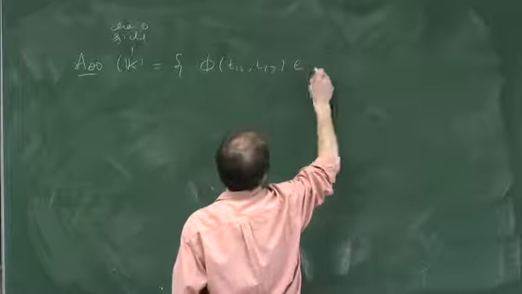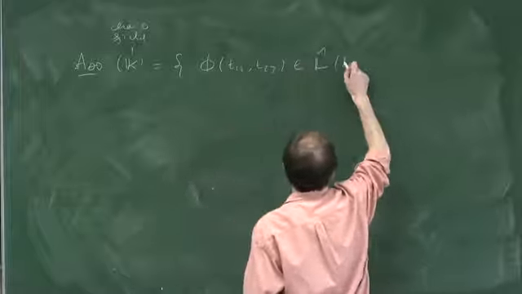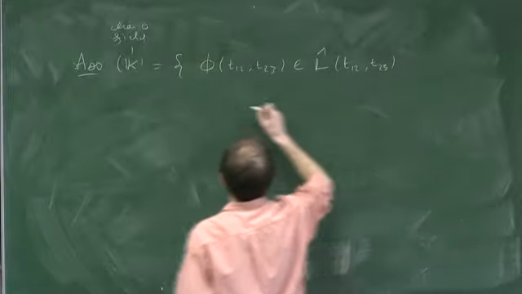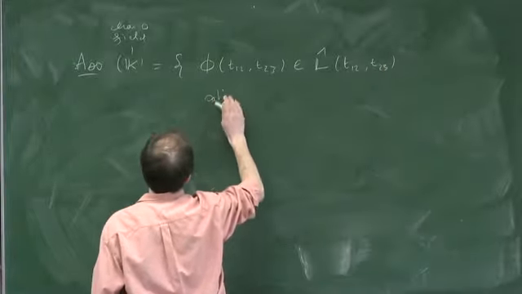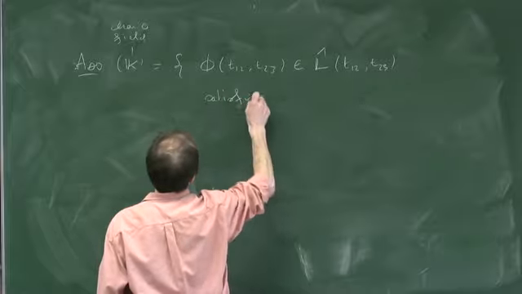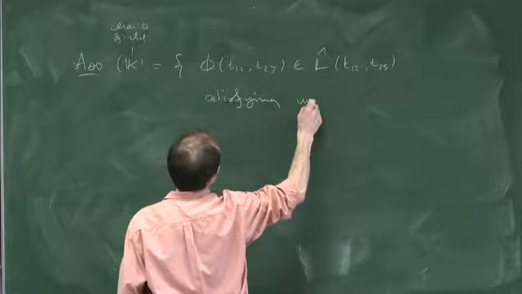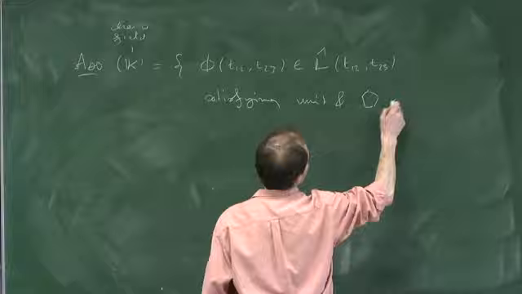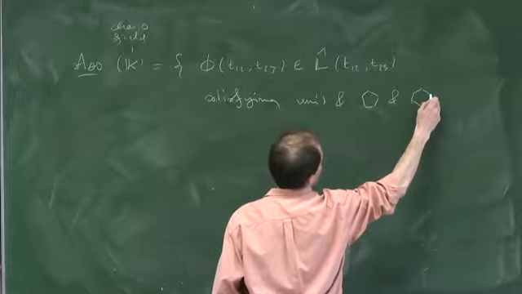Power series means an element in the completion of a free algebra generated by T1,2 and T2,3, satisfying some equations: a unit equation, a pentagon equation, and some hexagon equations.